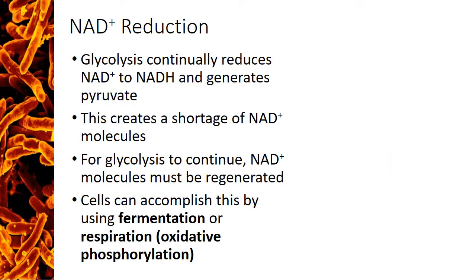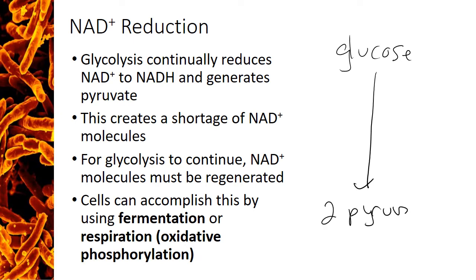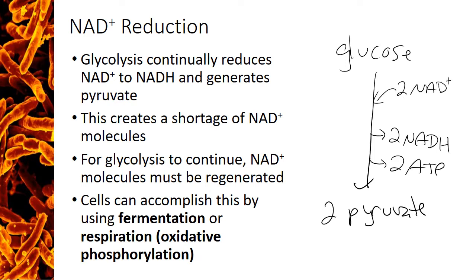Remember from the last video that in glycolysis, a molecule of glucose is broken down to 2 molecules of pyruvate. In this process, we also produce a net yield of 2 ATP and 2 NADH. Remember that those 2 NADH are formed because 2 NAD plus molecules come in to pick up the electrons as glucose is being oxidized.